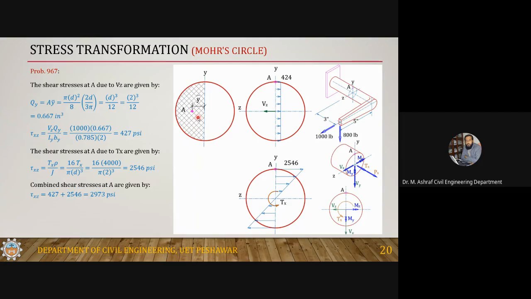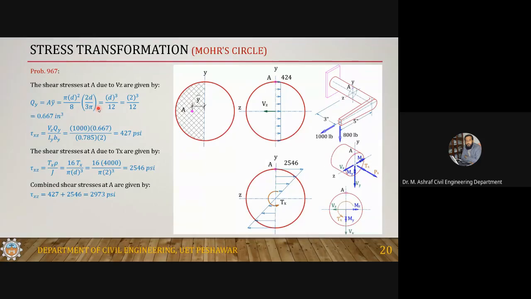So area here is half of the circle, pi d square by 8. The centroid of a half circle is located at 2d divided by 3 pi, where d is the diameter. If you simplify this, it is d cubed by 12, so with d equal to 2, it is 2 cubed by 12, which is 0.667 inch cubed.